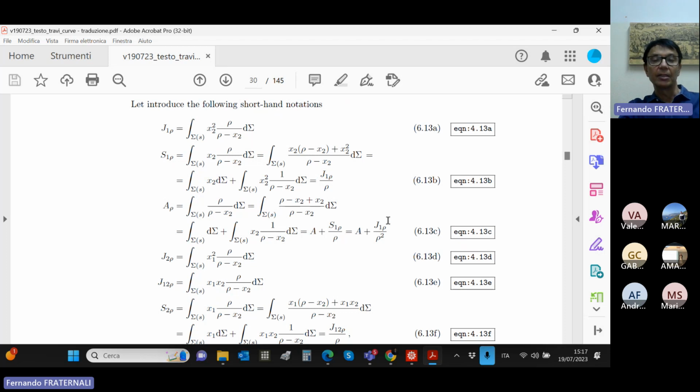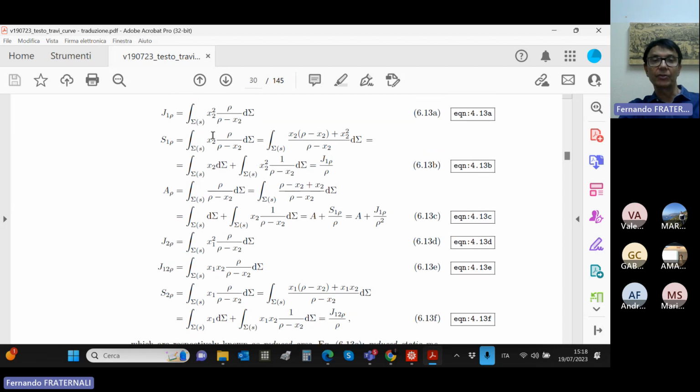These quantities account for the curvature of the axis line, so they have expressions that are influenced by the curvature of the axis line. These reduced quantities are not properties of the cross section only, but depend also on the curvature of the axis line.